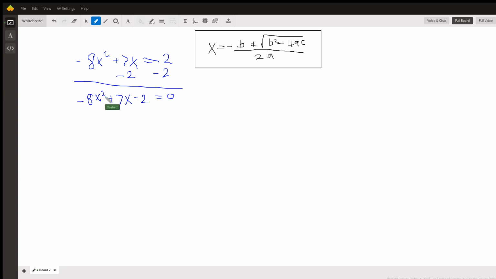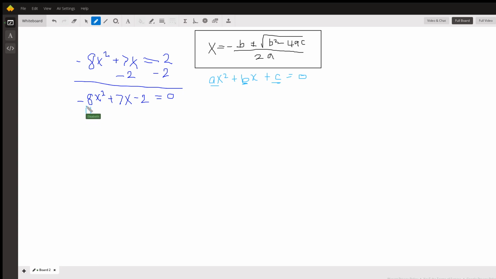So now we can see our coefficients here. In a general polynomial, we have ax squared plus bx plus c equals 0. So we have our coefficients a, b, and c, and we can find those in our equation over here.